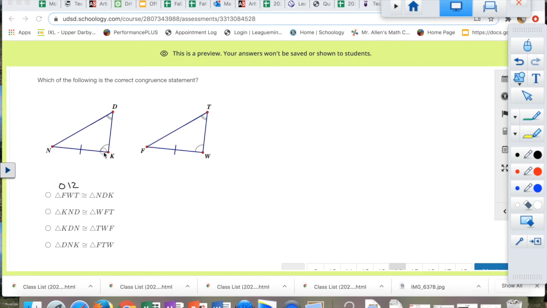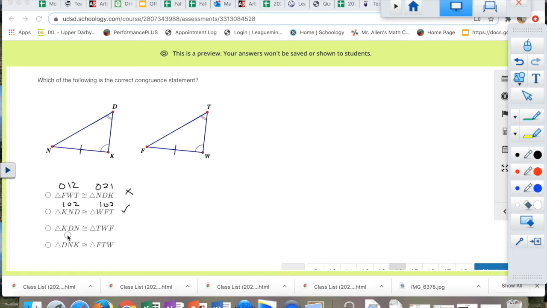NDK, 0, 1, 0, 2, 1. No good. KND would be 1, 0, 2. FWT would be 1, 0, 2. So this looks good, but I'm going to check the other one.